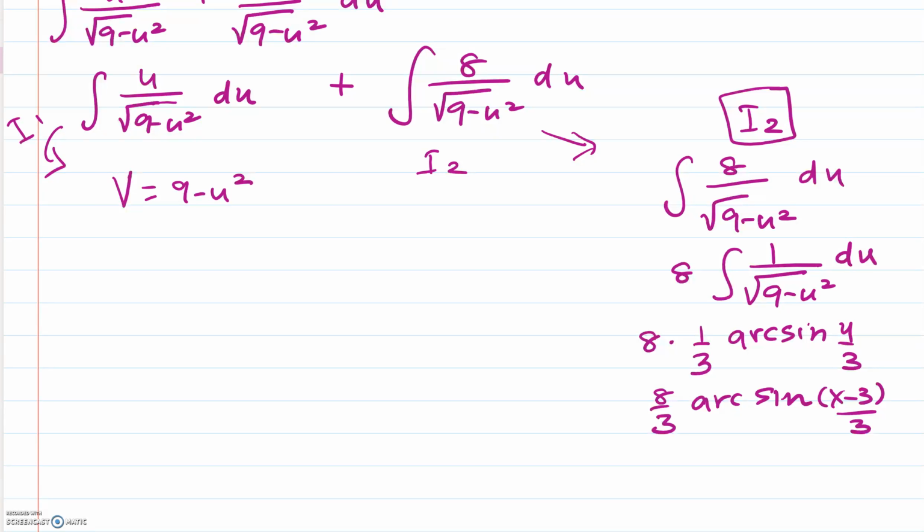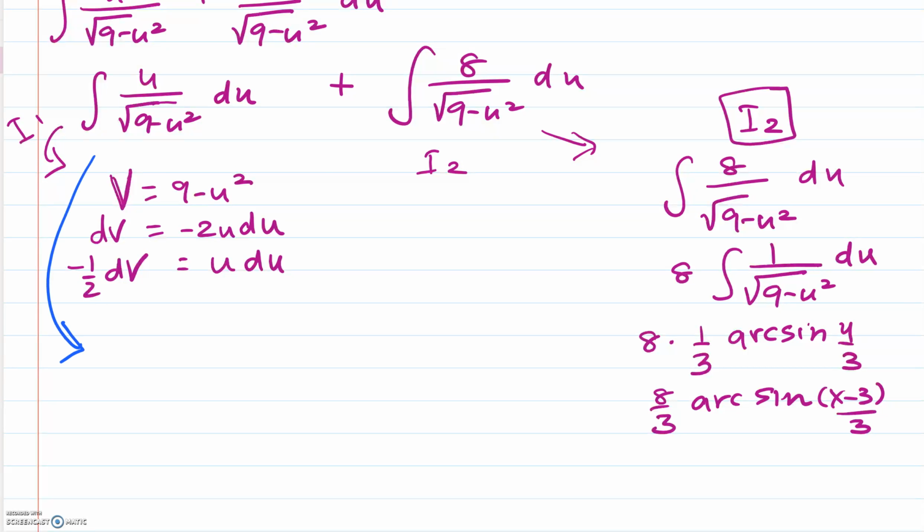We already have u, so I'm using a new variable v. Another substitution technique here: dv equal to minus 2u du. So u du will become negative half dv.